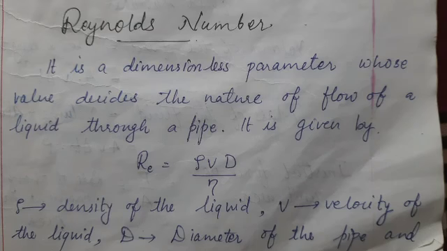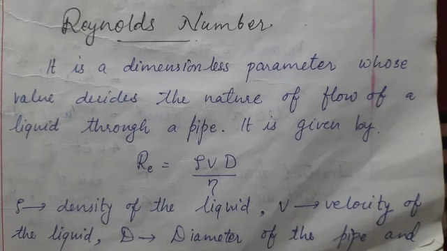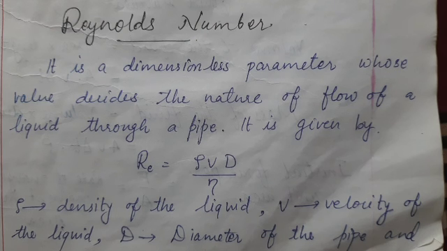We have discussed streamline flow or steady flow. We know that a liquid flows steadily if its speed is of a particular value, and that particular value of velocity we call the critical velocity.